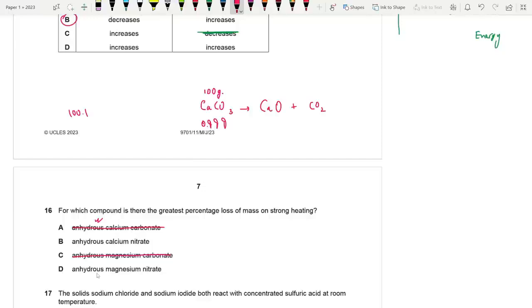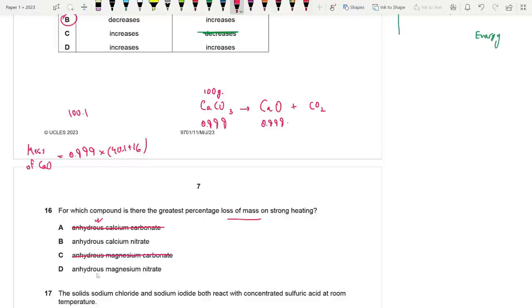So for percentage loss of mass, we need to find out the new mass that is left. This will also be 0.999 moles. And if you look at the mass of CaO now, what will it be? Mass of CaO is going to be 0.999 moles times the MR, which is 40.1 plus 16.